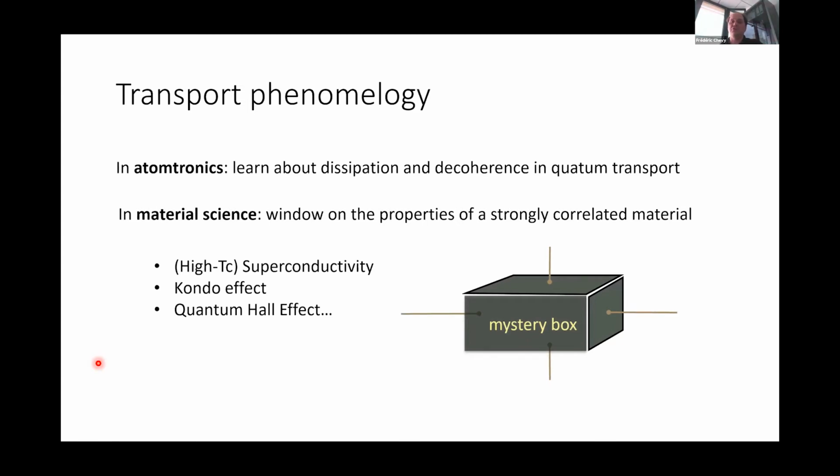So when you're dealing with material science or condensed matter, one of the most direct ways of getting information about a new compound is to simply connect leads to this compound and look at how the material conducts electricity.